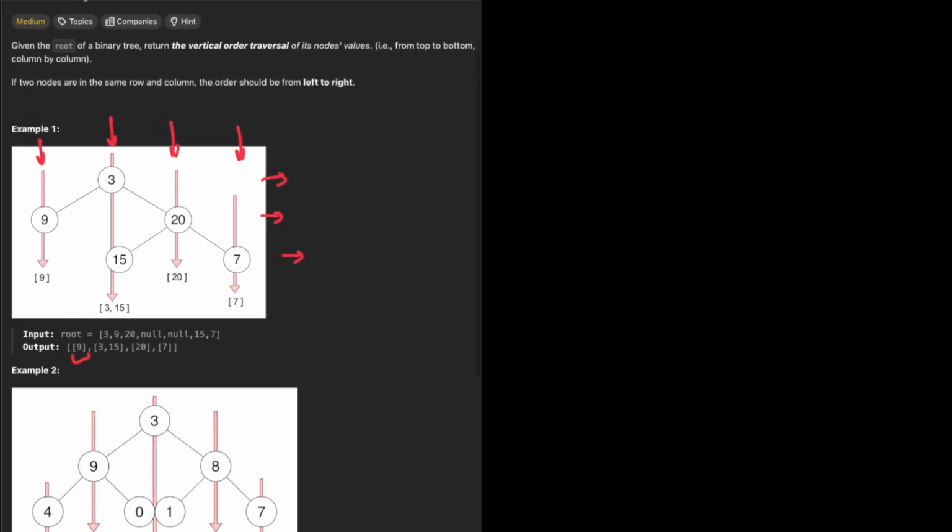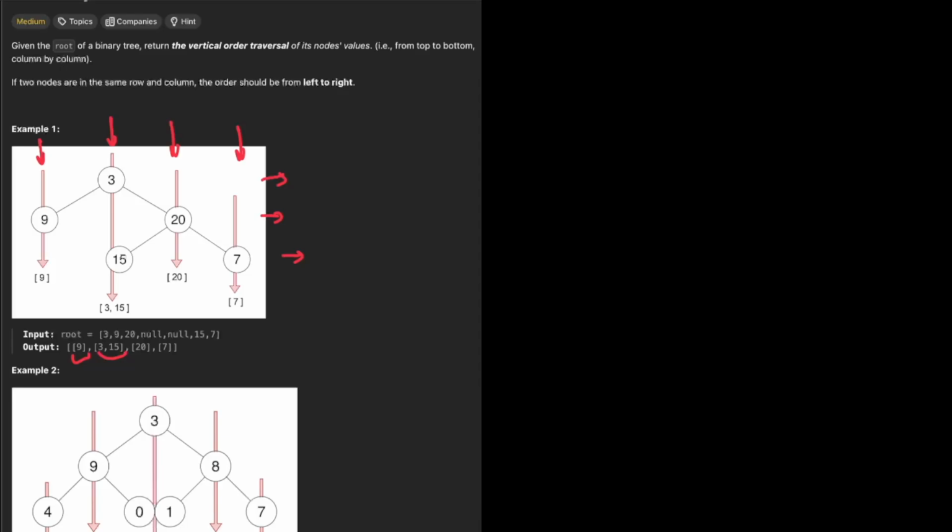The order starts from the leftmost column and goes towards the rightmost column, and in the case where one column has multiple nodes like this one, the order will be from top to bottom.